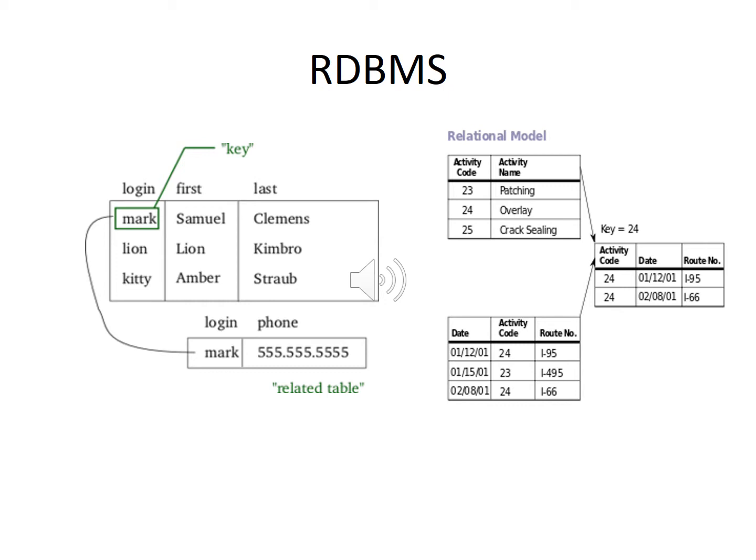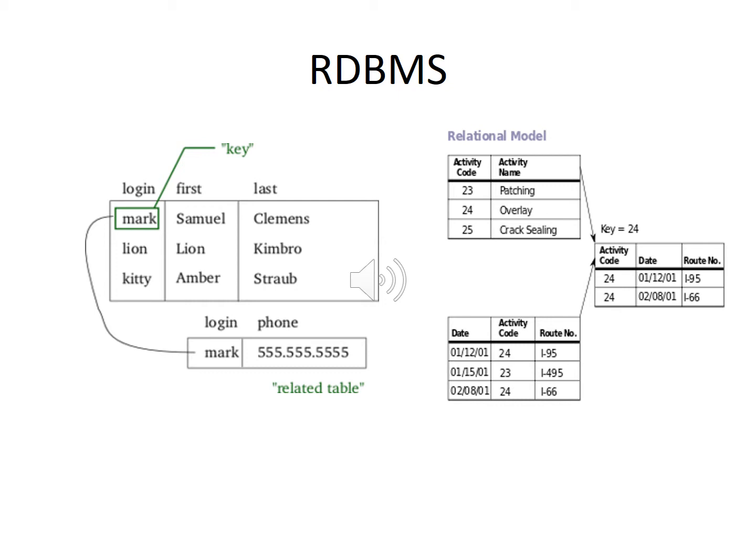All right. So let's look at the other example. The example on the left demonstrates the concept of the key. In this case, we have a table with maybe some users, their login names, first and last names. The second table only has two columns. One is the phone, the other one is the login.